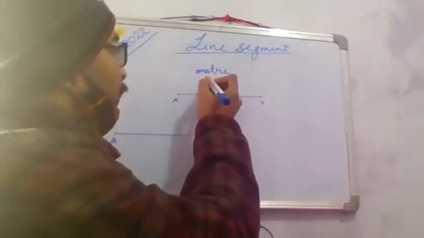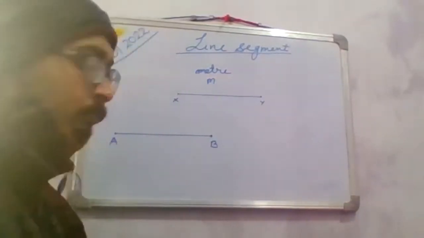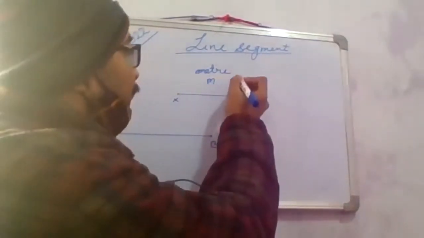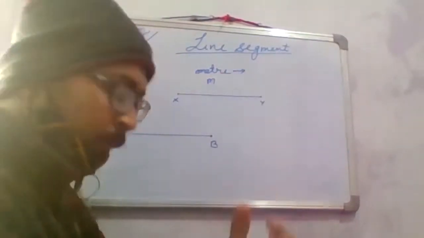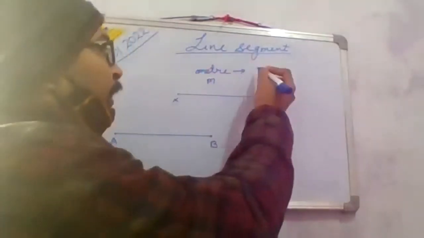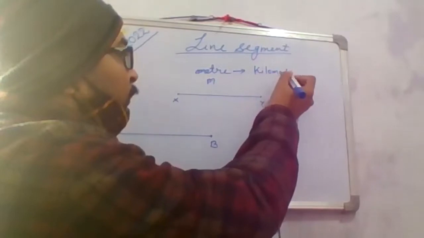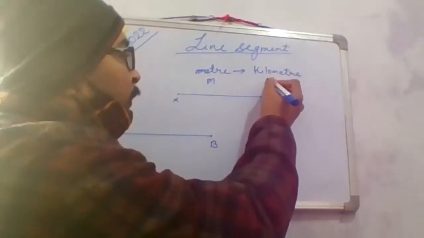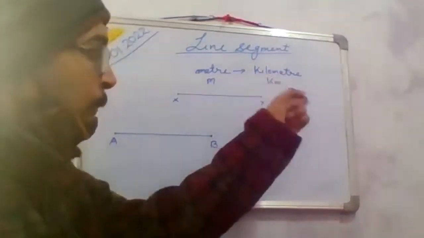Okay. We represent it as M. Second is the largest, larger than meter. It is kilometer, which is symbolically written as km.